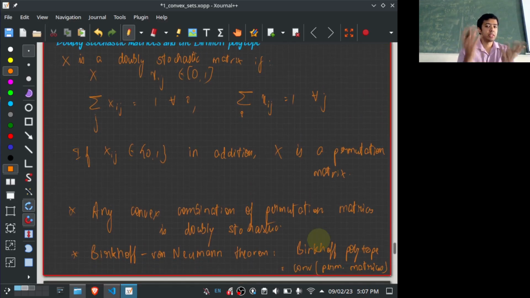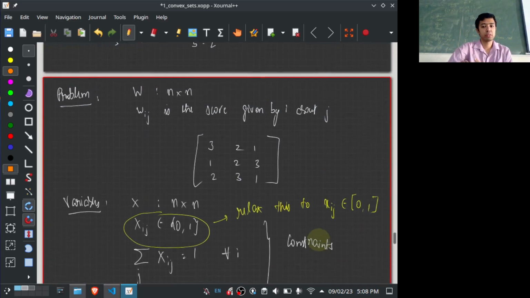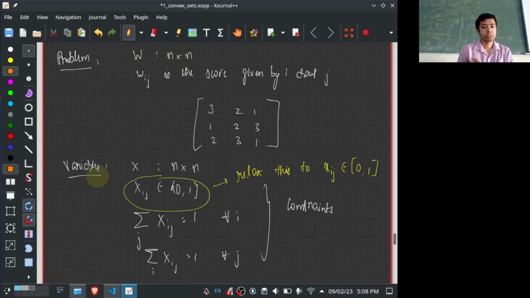Okay, so at least in this case, what does it mean? It means that if I solve the linear program with this relaxation, this relaxed linear program, then the solution that I get will be a perfect match. Right? So if I had to solve this particular problem, I might as well relax this to x being between 0 and 1, instead of saying that x has to be either 0 or 1.